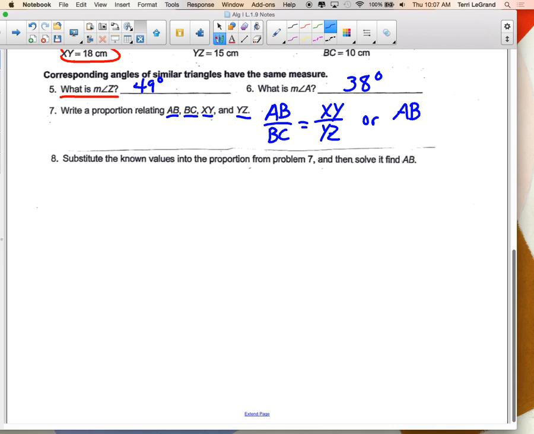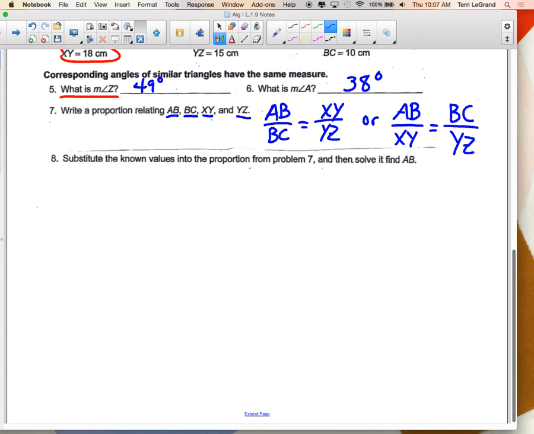XY. And since we're using triangle ABC in the numerator of one, we have to use triangle ABC in the numerator of the other. So BC corresponds with YZ. Those are ratios of corresponding sides.